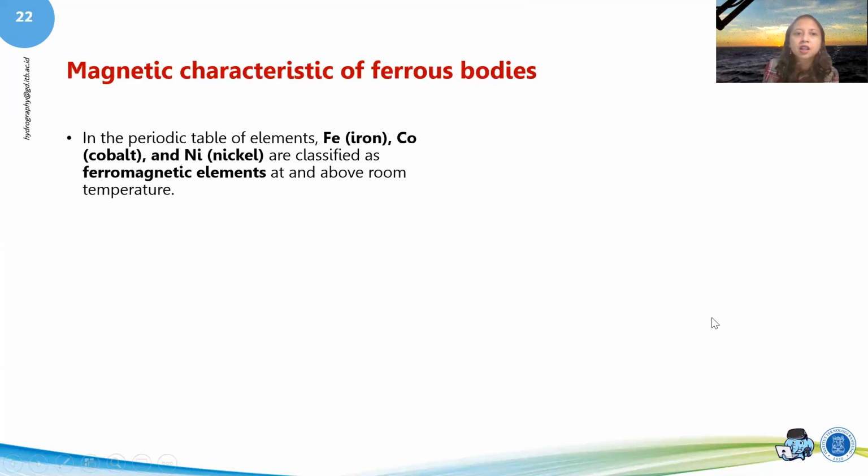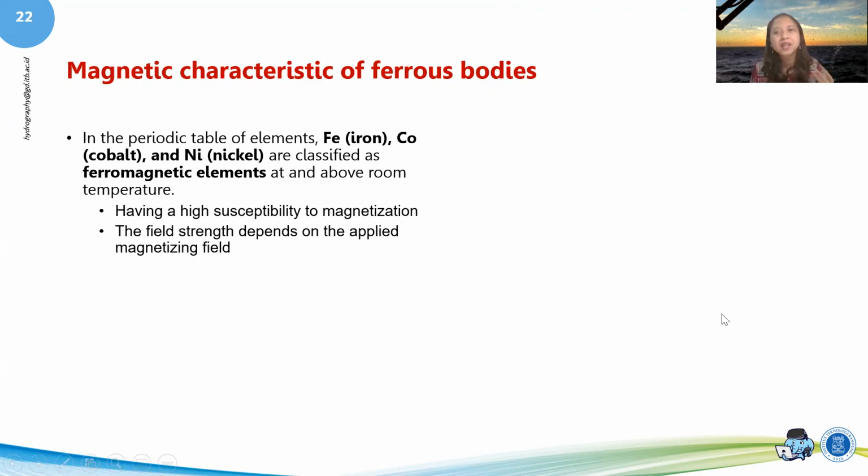A ferrous body itself is basically made of some elements in the table, like iron or Fe, that's ferro, and then cobalt and nickel. They are classified as ferromagnetic elements at and above room temperature, which means that they have high susceptibility to magnetization. I think I don't have to explain what magnetization is again.